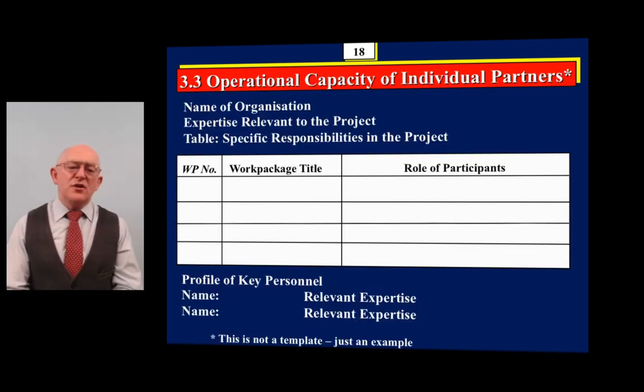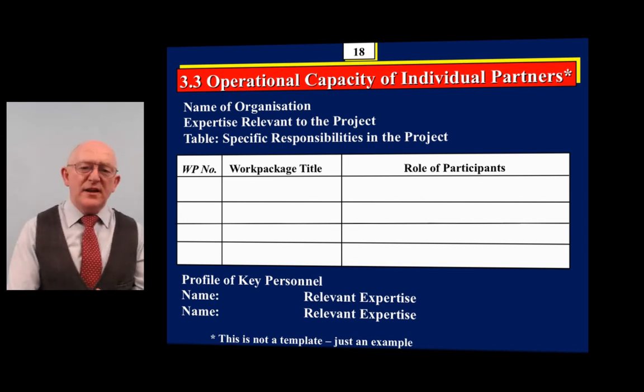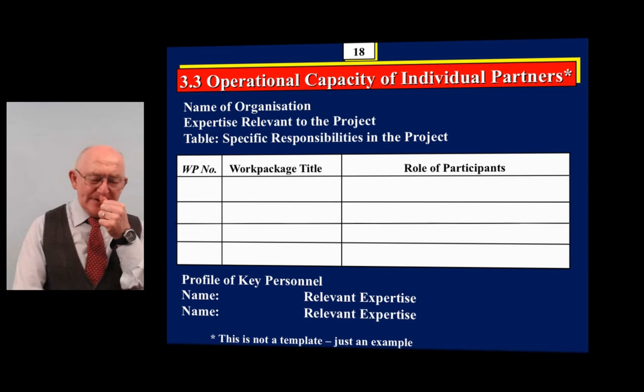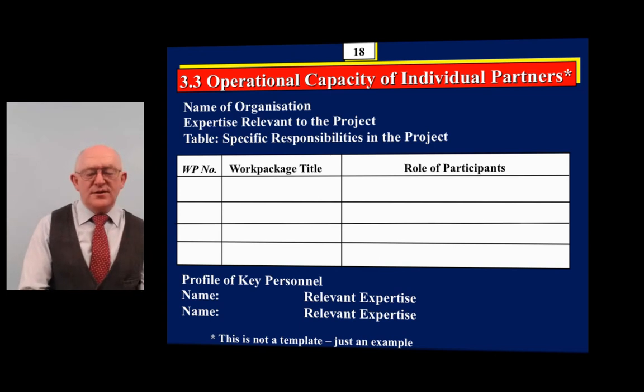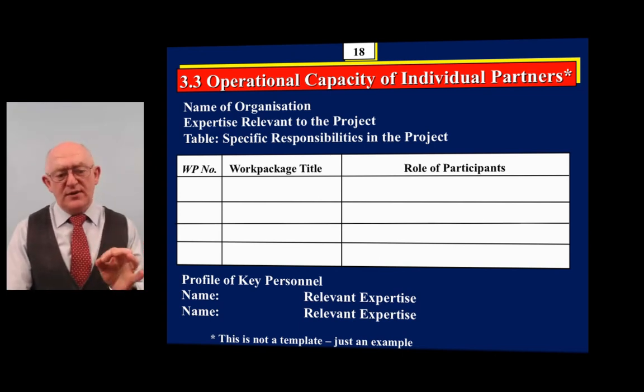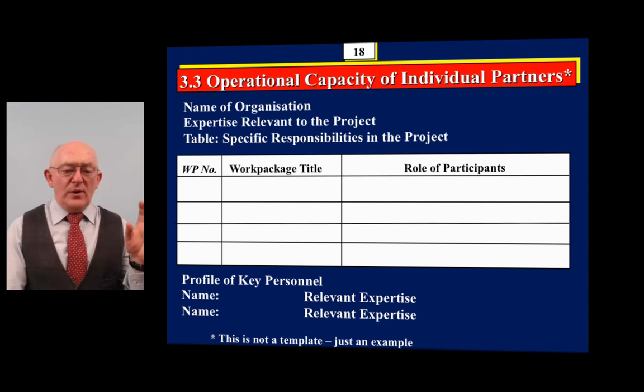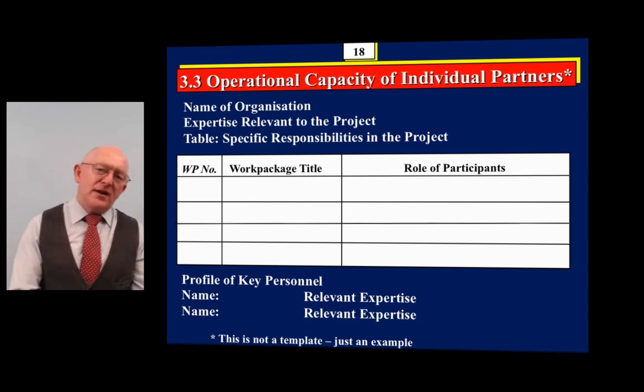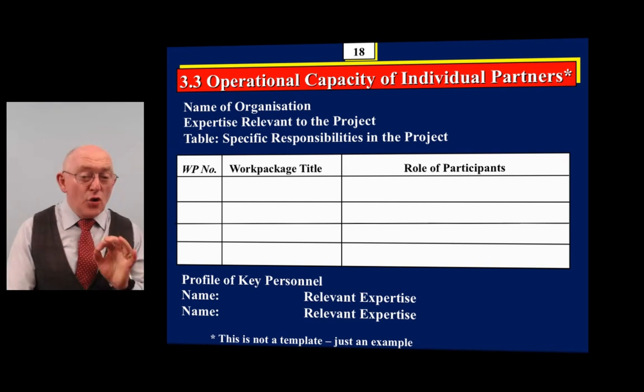Now, in the proposal, you're asked to describe the operational capacity of the partners. You're not given any template, but this is the standard that we use here. We say the name of the organization and its relevance to the project. We identify which work package they're involved in and what their role is in the work package. And at the bottom, we identify who the key people are and the relevant expertise.